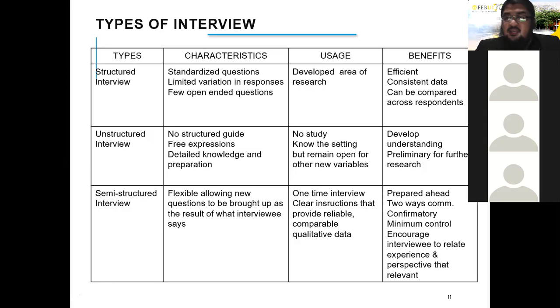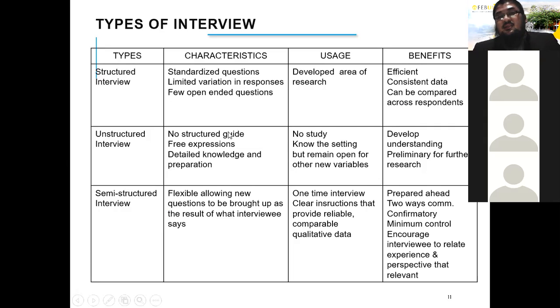The benefit is that it's efficient, it's consistent, and it can be compared across respondents. So if we want our interview results to be able to be compared across respondents, then it's better to use a structured interview.